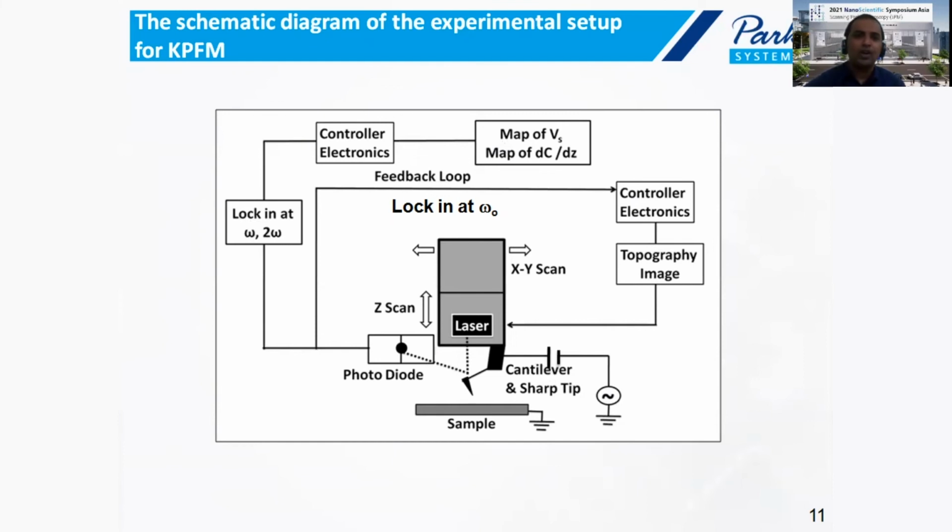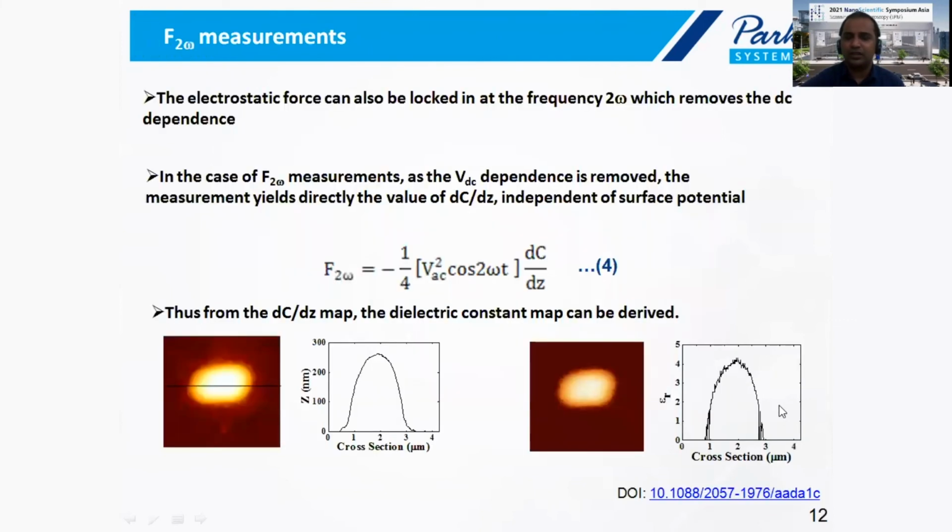What we can also do in the experiment is, using the second lock-in amplifier, lock in at a frequency of 2 omega. The moment you lock in at 2 omega, you are in a position to map the dC/dz variation of your sample surface. And this comes into the picture when you take a look at the third term that popped out when you expanded equation number 1.